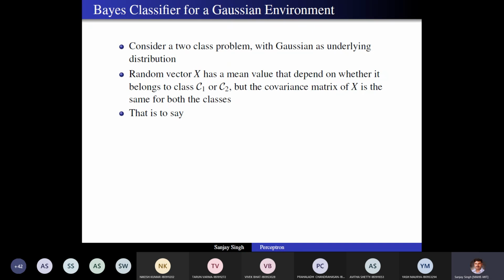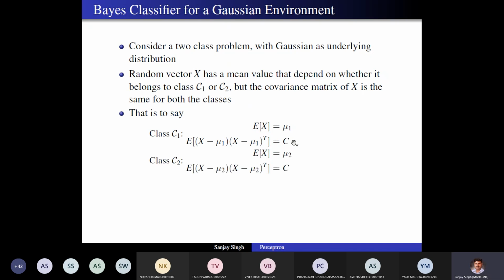Formally, for class C1, the statistical mean we represent by mu1, and its covariance matrix is the expectation of x minus mu1, x minus mu1 transpose, which is C. And for class 2, the mean is different, mu2, and the expectation is, of course, also C. So surprisingly, the covariance matrix for either class 1 or class 2 remains the same, but their means are different.